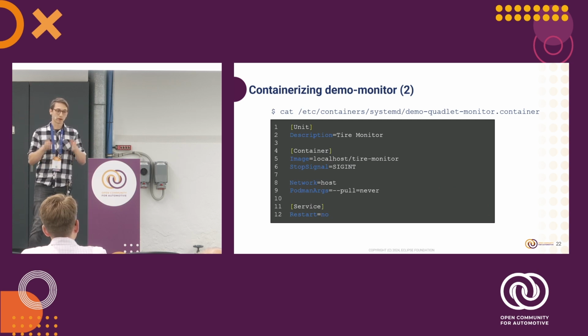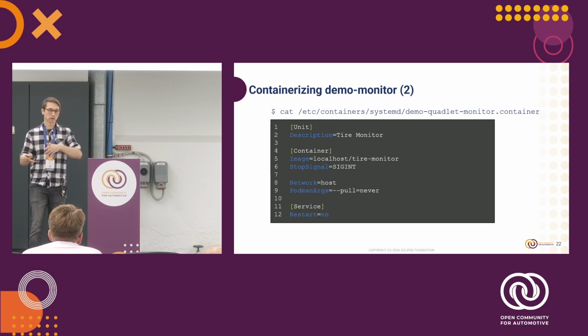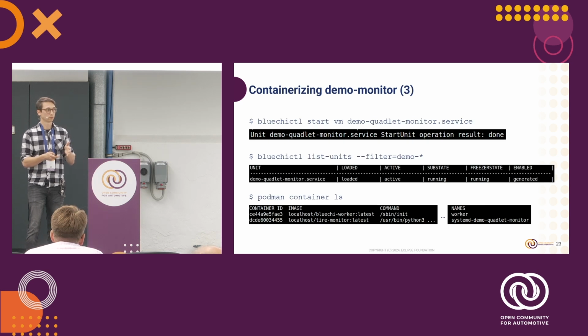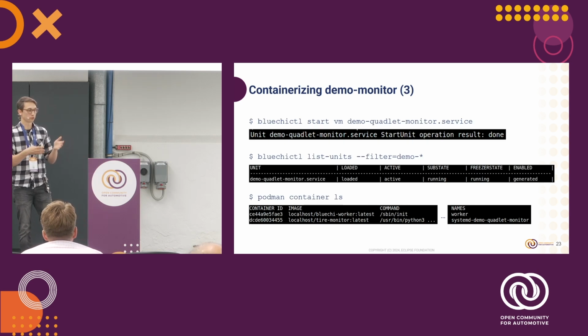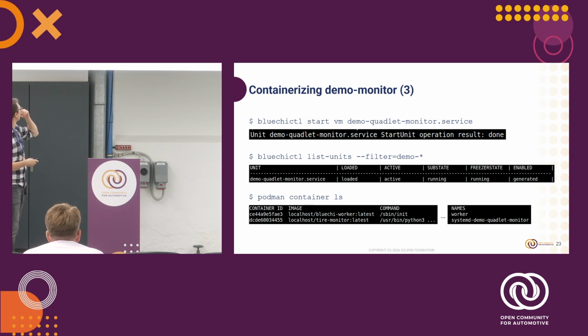And when I place this file now on the file system, run a systemctl daemon-reload, or use bluechictl, Quadlet takes this file, generates the respective service file, and, well, we can start that with bluechictl start on the virtual machine, and we get the result done.